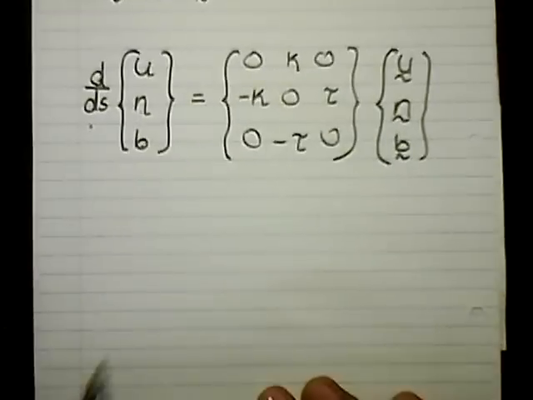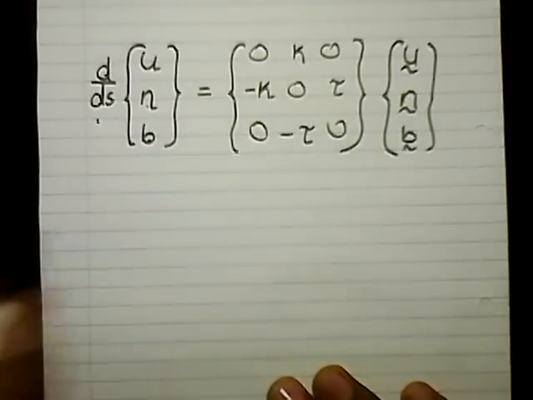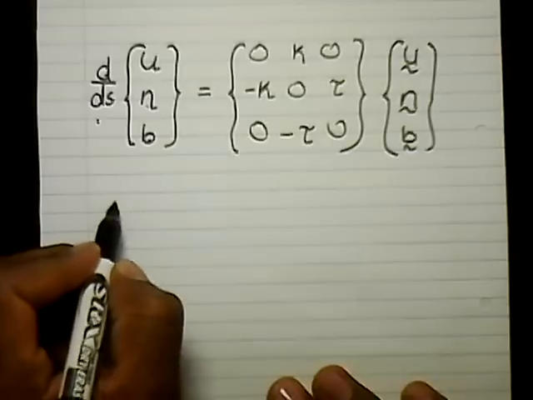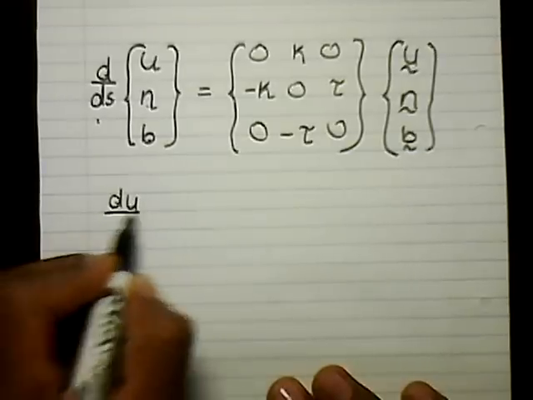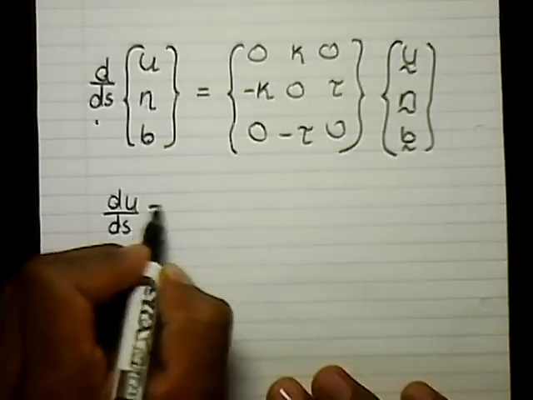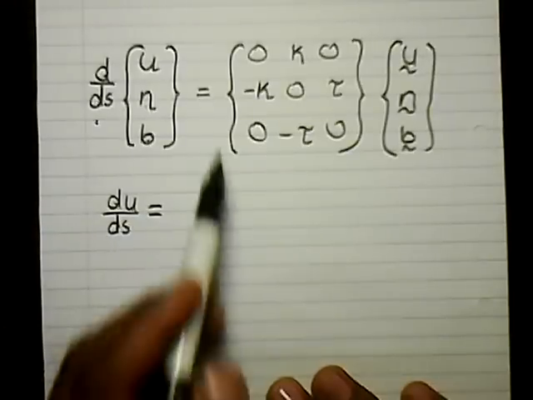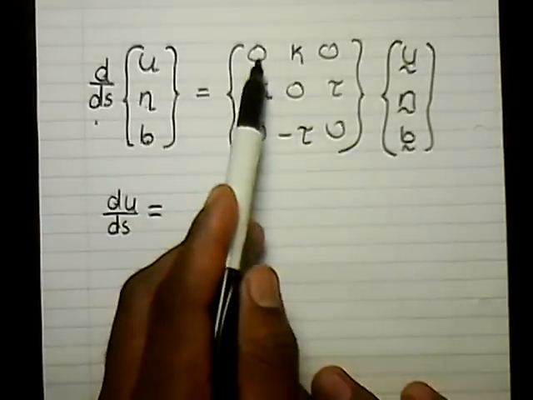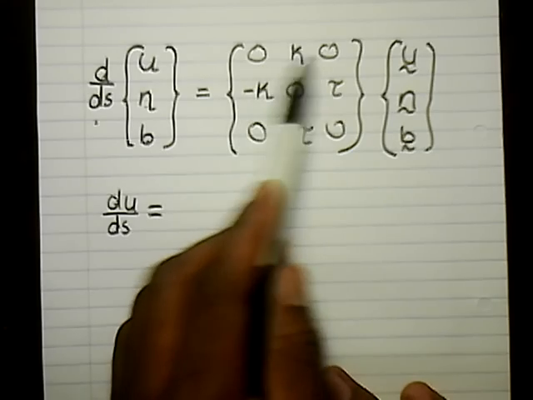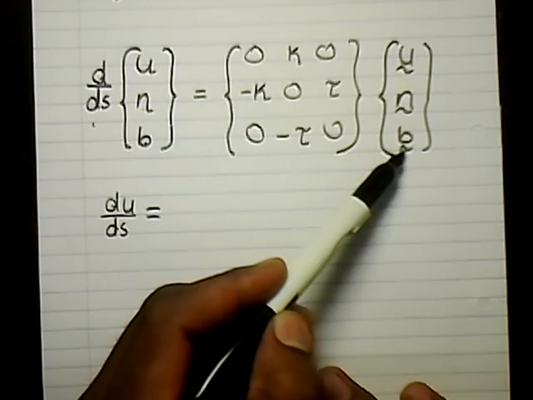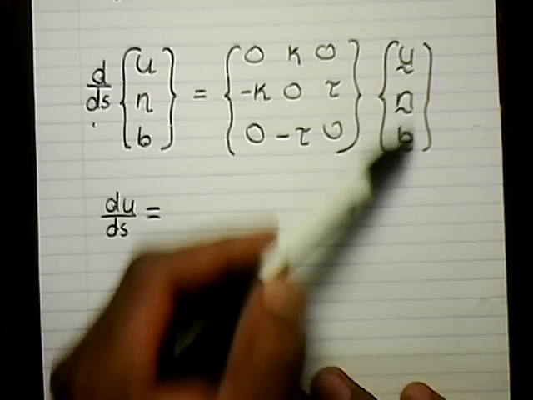Say, for example, assume you don't know what du/ds or dn/ds is, and we want du/ds. du/ds will be given by multiplying this row by the corresponding column.